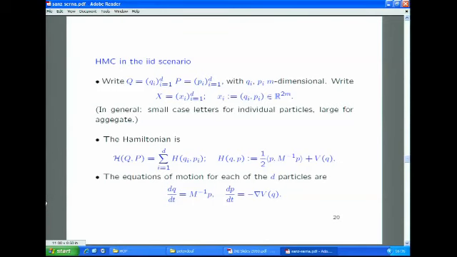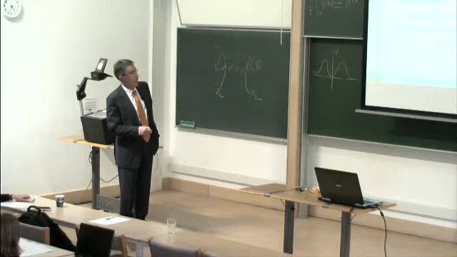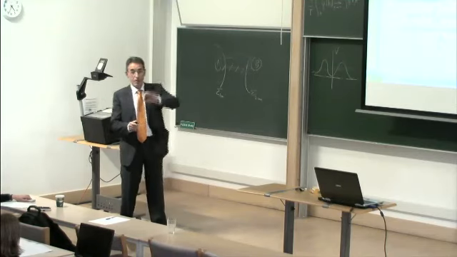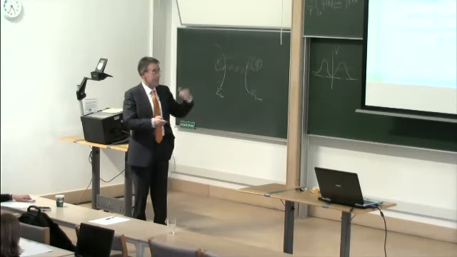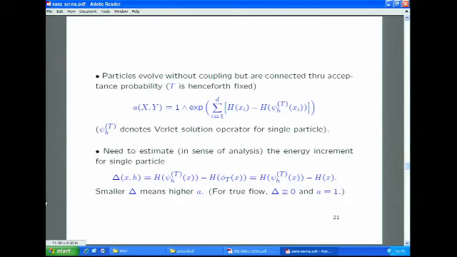Because I'm in this simplified scenario, my Hamiltonian for the aggregate is just a sum of Hamiltonians for the individual particles. Each individual particle, and I've got d of them, moves under this potential and has this mass matrix. They fly with the Hamiltonian flow, but at the end of the step I have to introduce this accept reject.